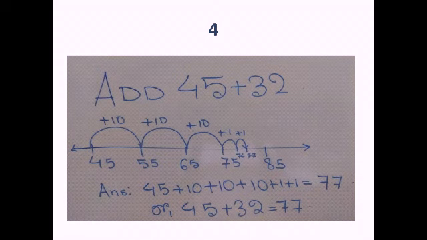Look here. Here you have to add 45 plus 32. So how can we add 45 and 32? Again, look here. As in the previous sum, I taught you that when you have to add large numbers, instead of counting one number at a time, we will count 10 numbers at a time.